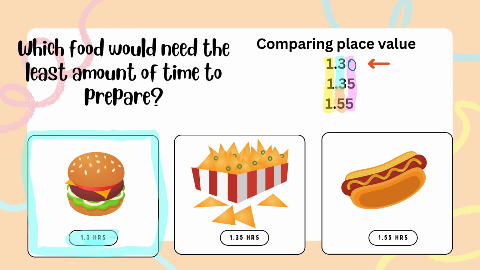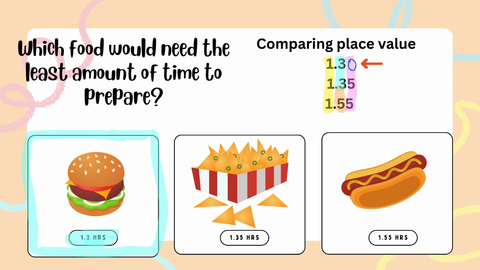So if I am comparing by place value and I line up my numbers by place value, if I compare the ones, they match. If I compare the tenths place, the 3s match, but the 5 does not.